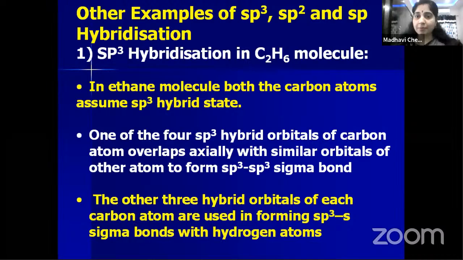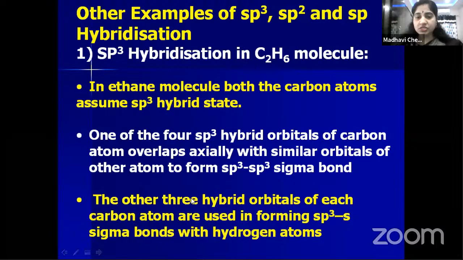Now after that, what happens? One sp3 hybrid orbital of each carbon overlaps with the sp3 hybrid orbital of the other carbon and forms a sigma bond, that is called an sp3 sigma bond or C-C sigma bond. Okay, and then now what is left?